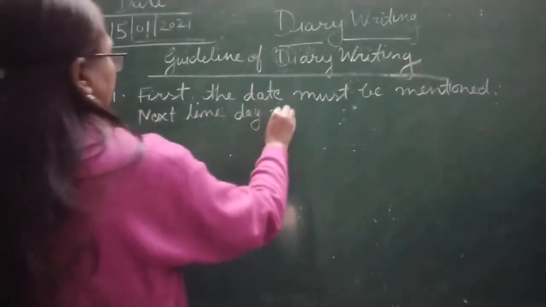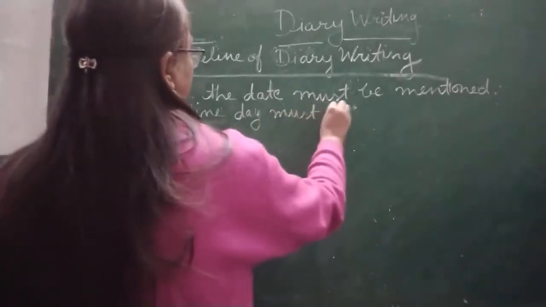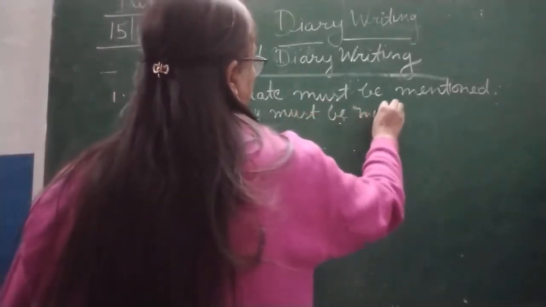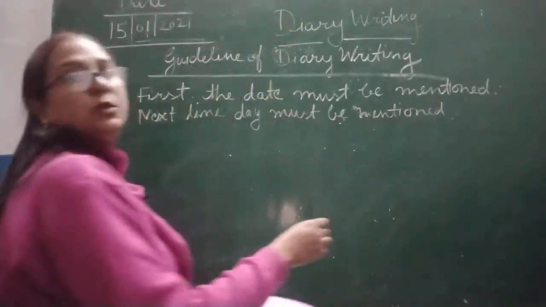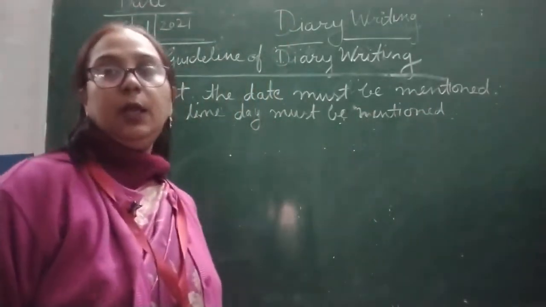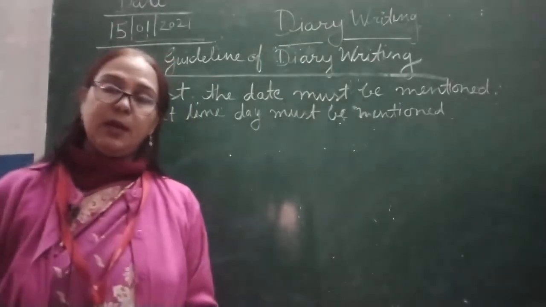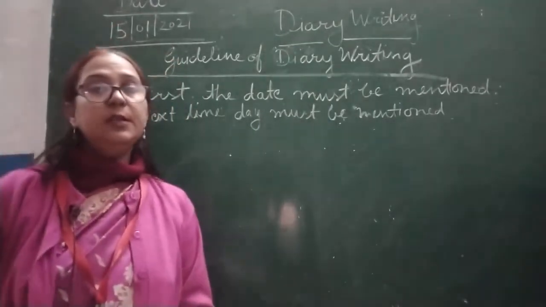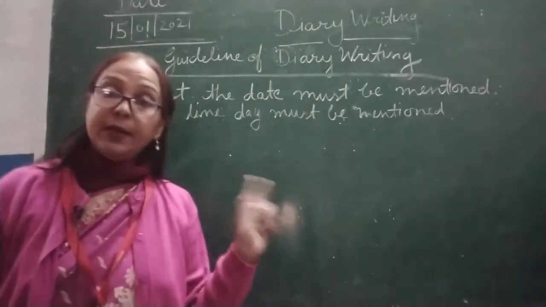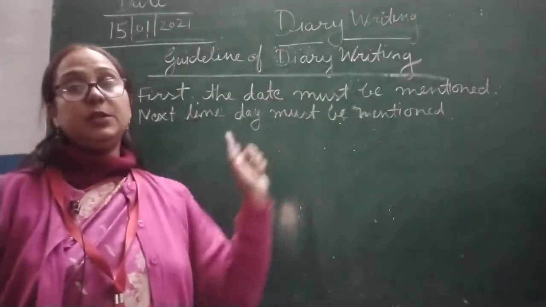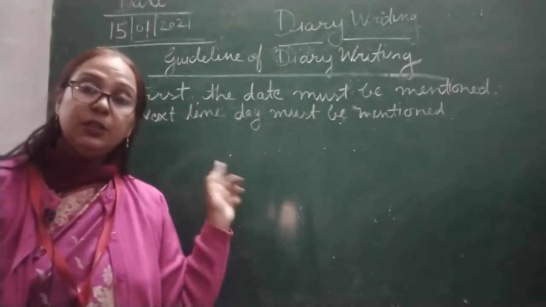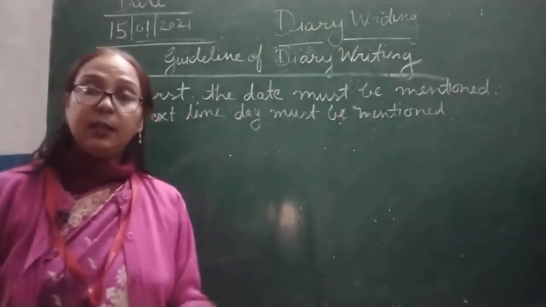This is a very important thing, that whenever we are writing a diary entry, first the date must be mentioned, and after that the day, which day we are writing this diary.